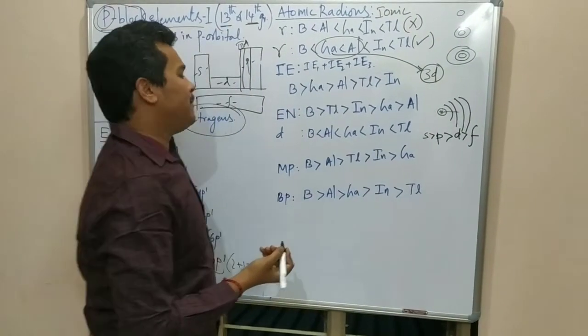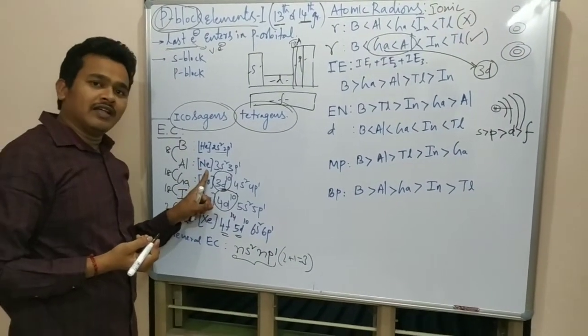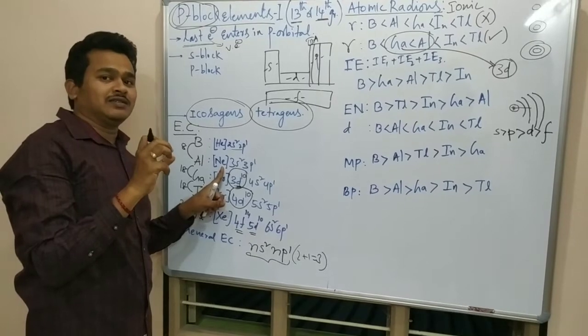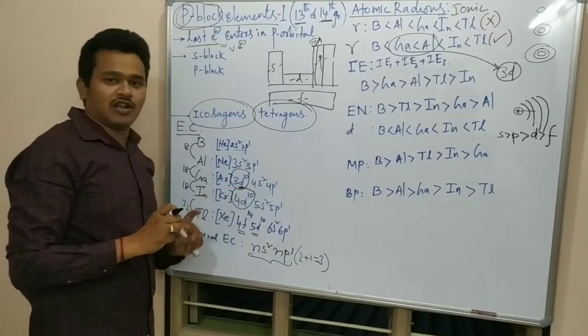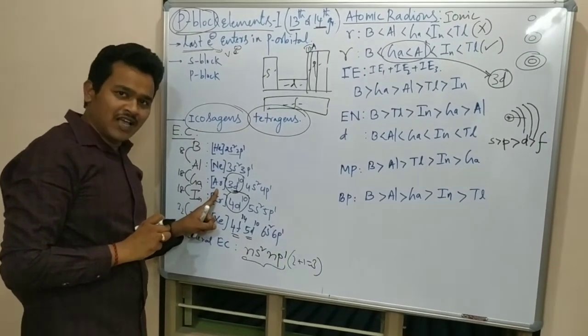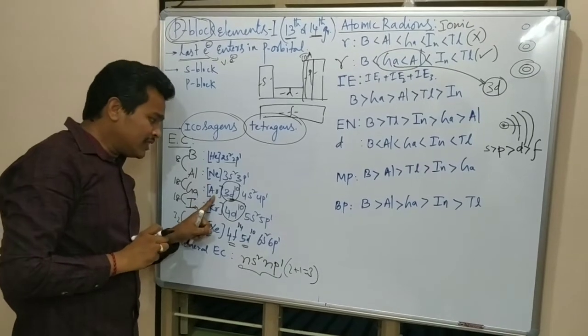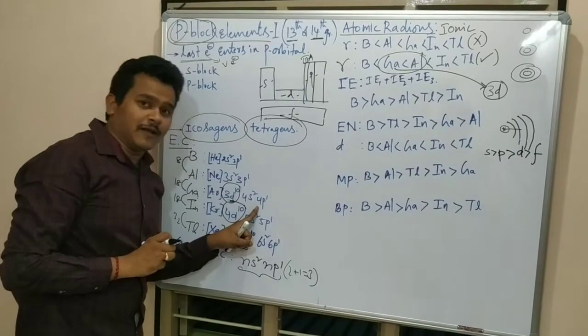Here we are going to compare aluminium and gallium. Here in aluminium, the nucleus is directly influencing the valence electrons. But in the gallium case, what will happen? The nuclear force of attraction is influencing more.